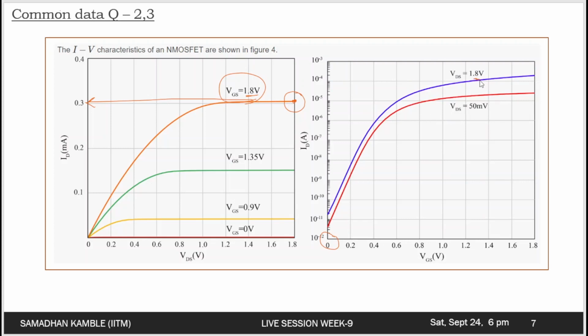So this is the graph. These two conditions are satisfied at this particular point, so this is the ID off.